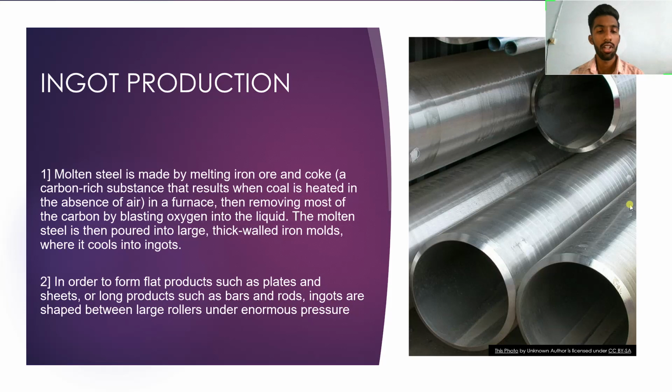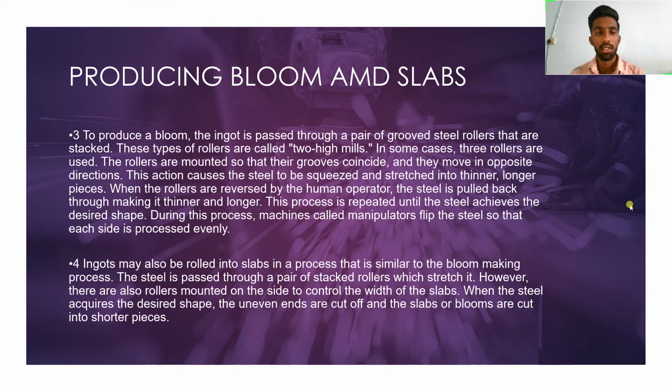The molten steel is then poured into large thick-walled iron molds. They are cooled into ingots. In order to form flat products such as plates and sheets, or long products such as bars and rods, ingots are shaped between large rollers under enormous pressure.